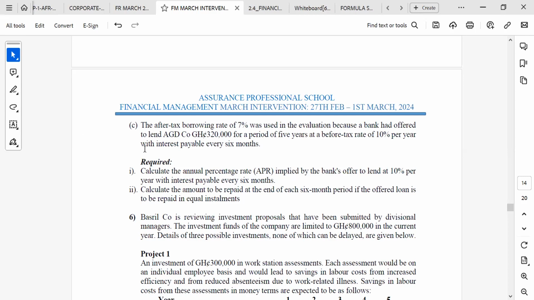But what they are asking you over here is the effective interest rate. The first one, calculate the annual percentage rate implied by the bank offer to lend at 10%. So that is the effective interest rate. If the bank is lending, they will charge interest for 6 months, and that particular interest will still attract interest. So they are asking you for the effective interest rate.